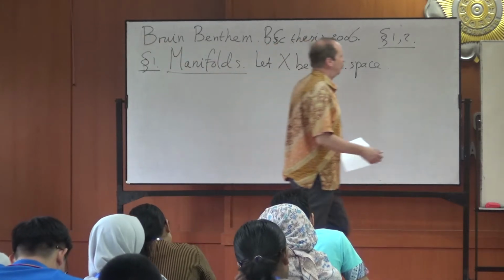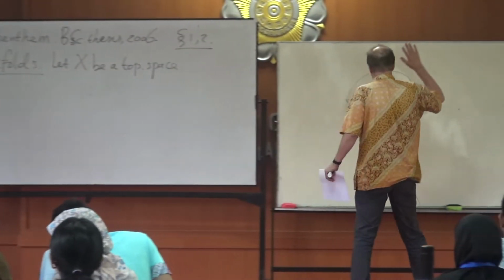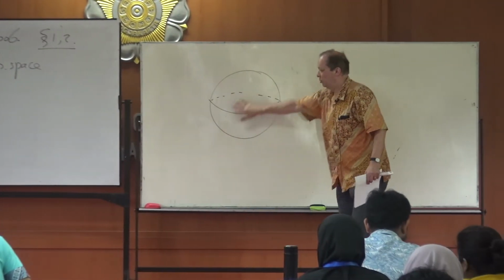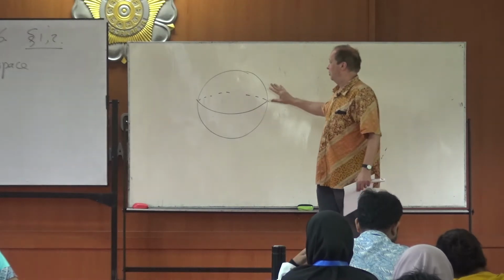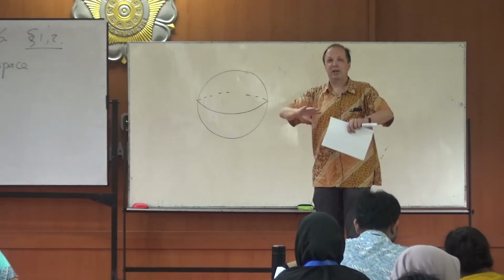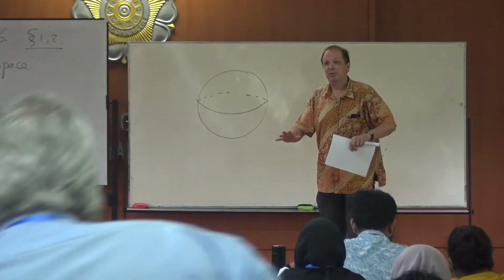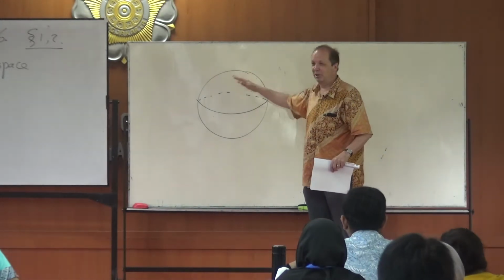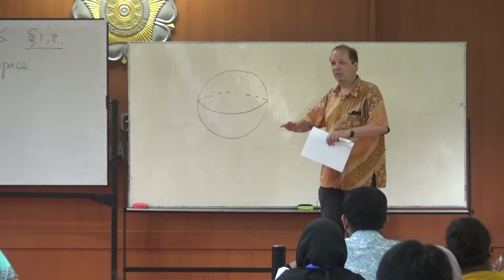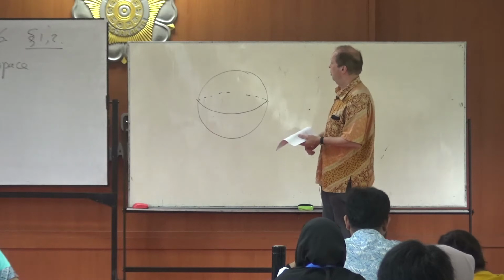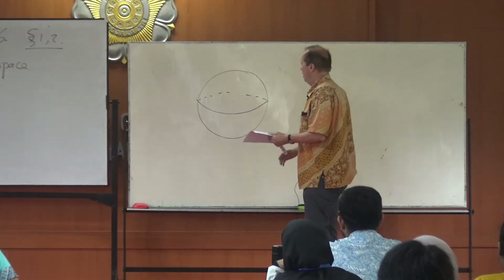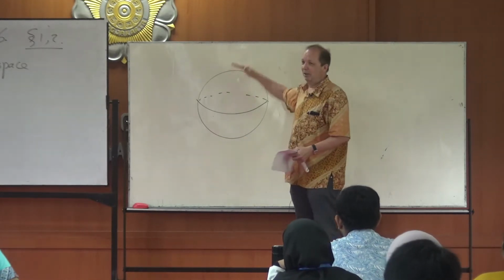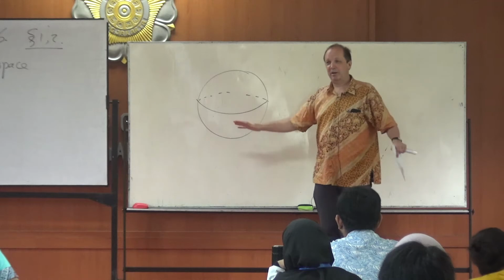So if you want to do analysis on this object, but you can only do analysis in R2, say, then you should say, well, locally I can parameterize this with an open subset of R2. Suppose I would project this two-sphere on the xy plane.